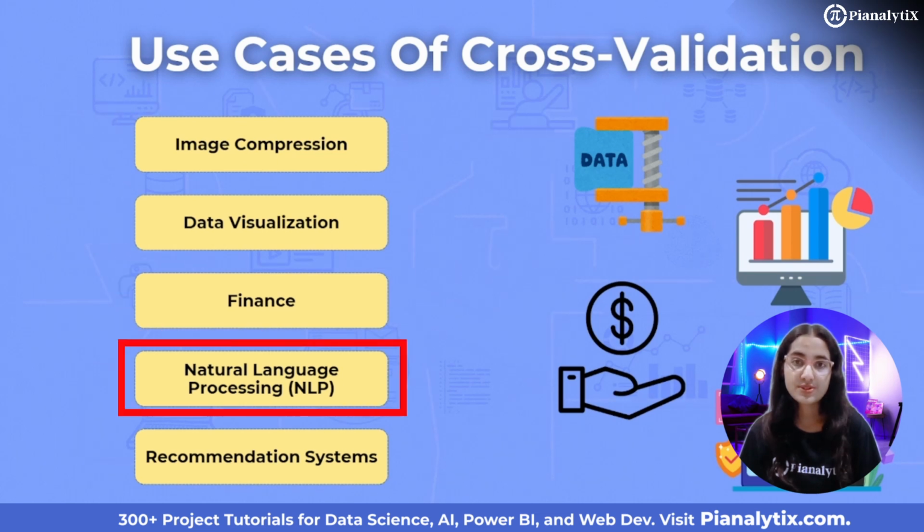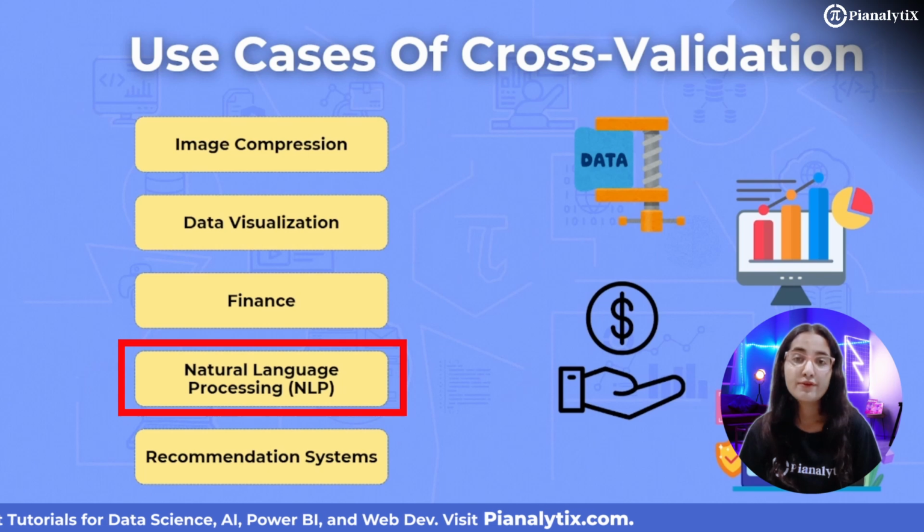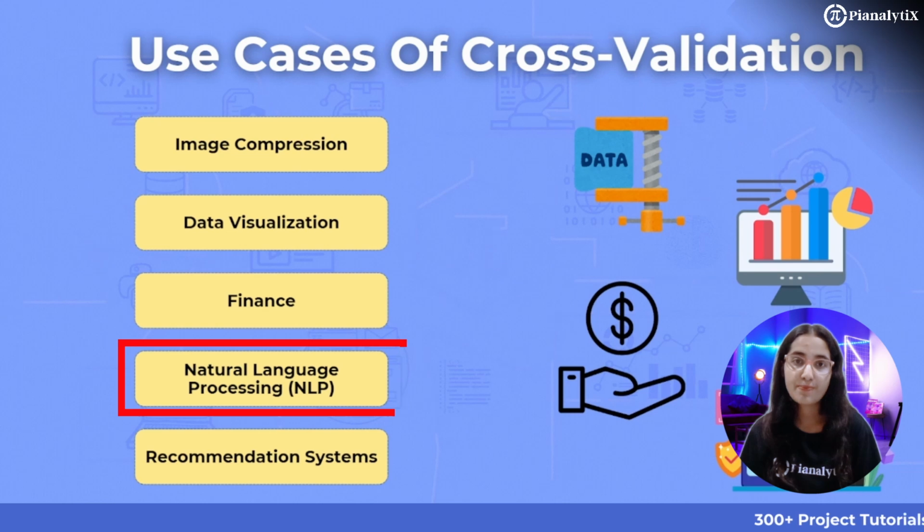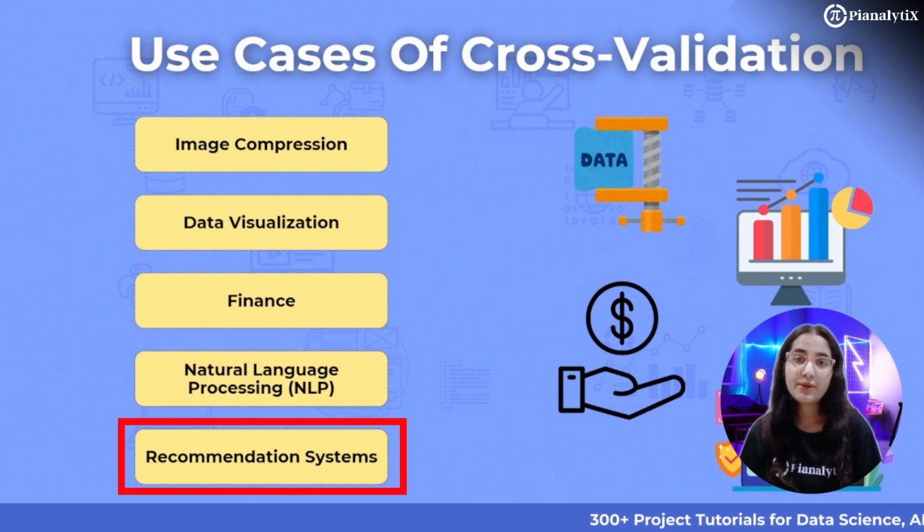Fourth, natural language processing, known as NLP. PCA is often used in topic modeling or reducing the dimensionality of large document term matrices, where each document is represented as a vector of word counts or term frequencies. Fifth, recommendation systems.